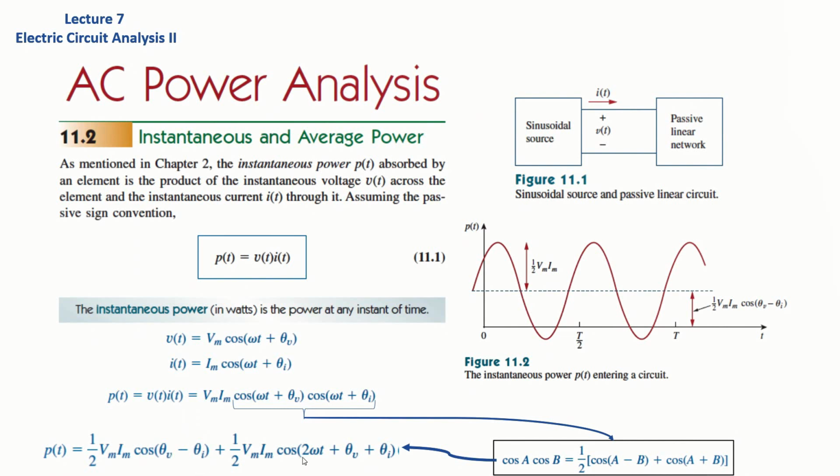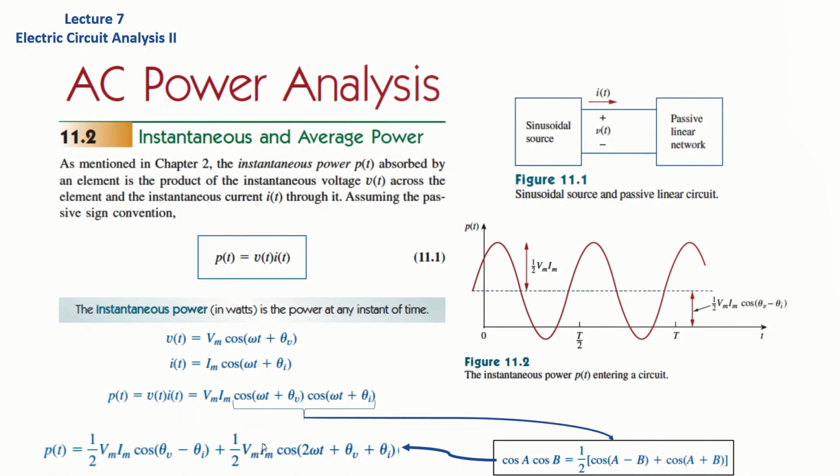But here, because of the presence of the continuous variable t, this is an oscillating function, and it is oscillating at twice the frequency of either the voltage source or the current source. This can also be seen from the diagram, where instead of completing one cycle in time t, power is completing two cycles in time t.